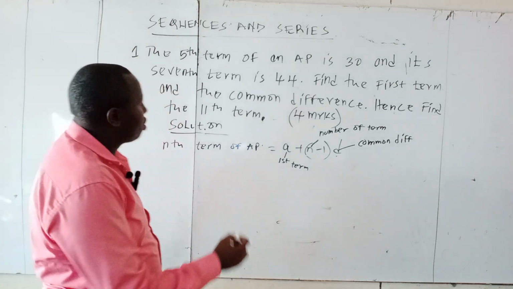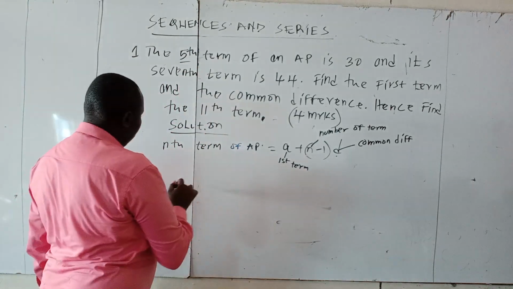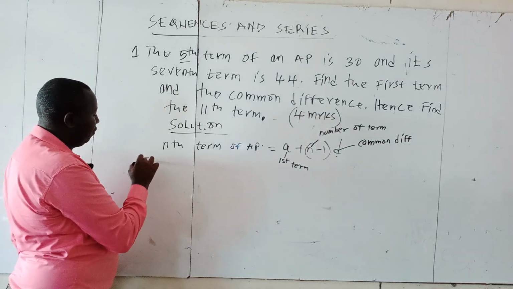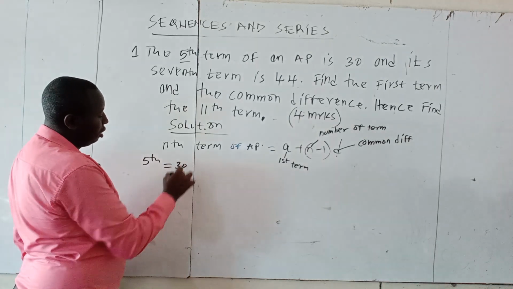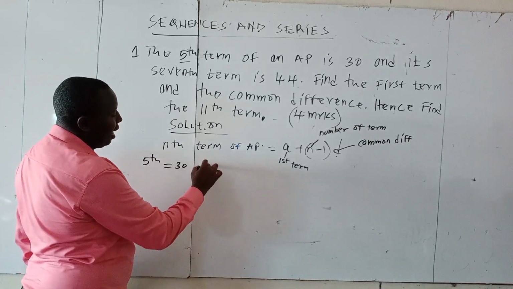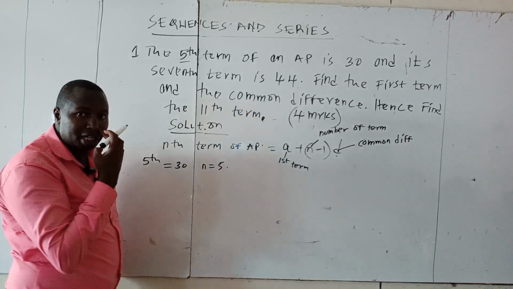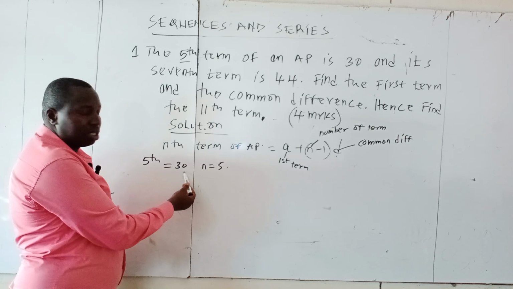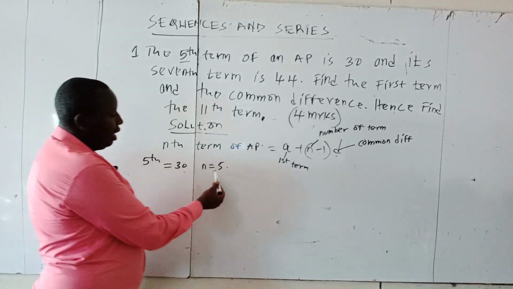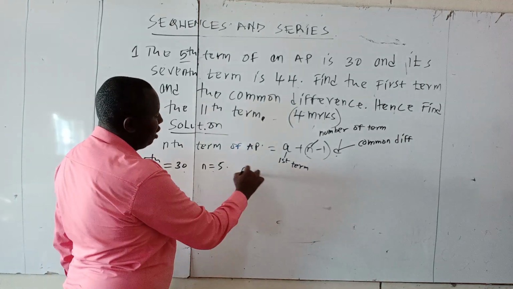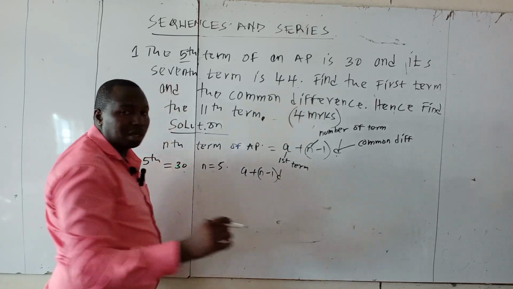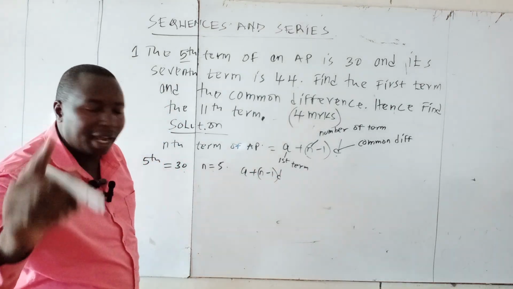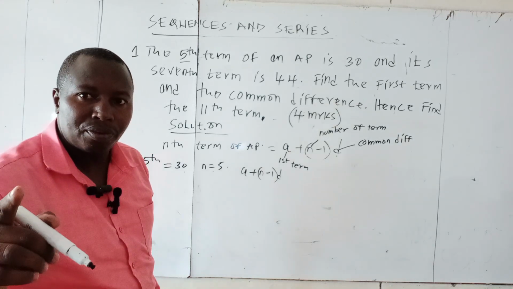The examiner is talking of the fifth term here. The fifth term is 30, meaning that n is 5. So in the formula, the nth term A plus n minus 1 d, you substitute n as 5.